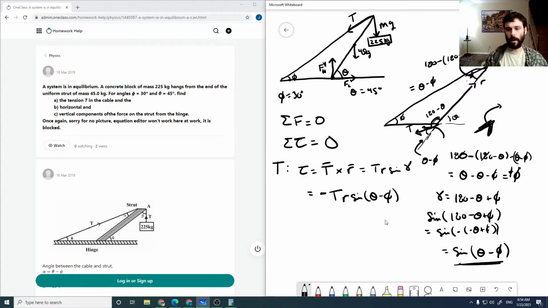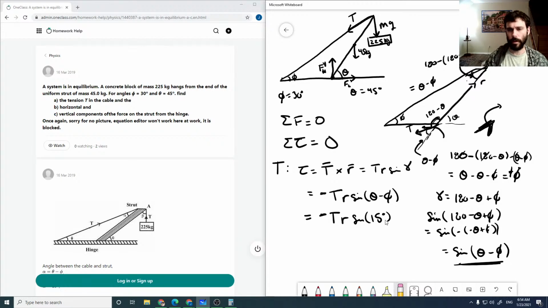And so our torque, finally, for our tension, is just TR sine theta minus phi, and we can put in some values here, and TR sine of 15 degrees. And actually, instead of R, I should have used, does it say how long the strut is?